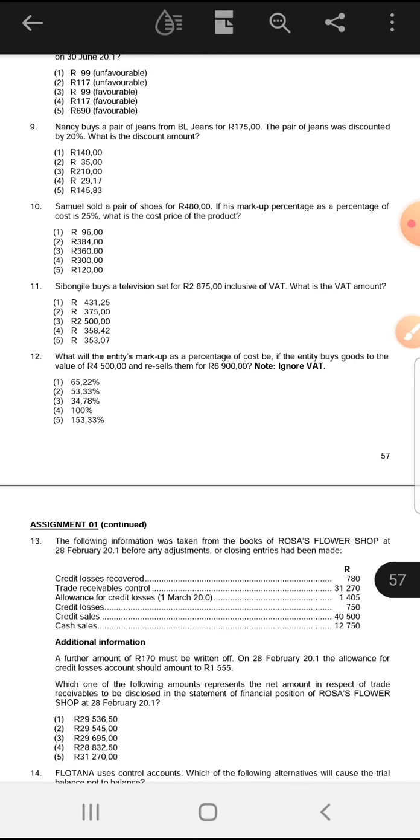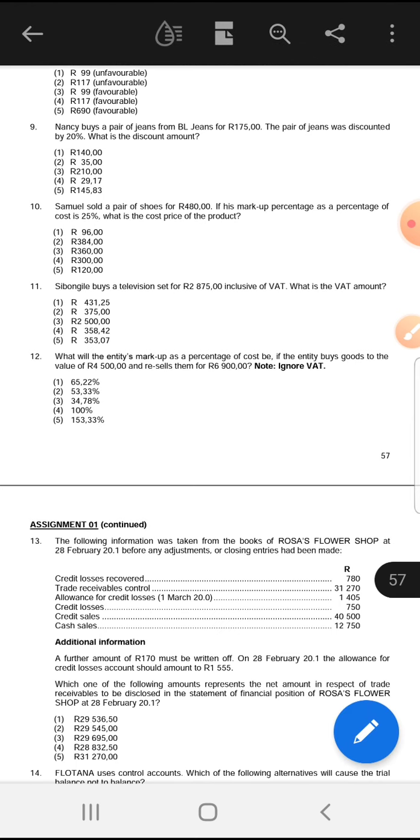And then for number 10, okay, here they're trying to test the markup percentage on cost knowledge. So guys, remember, let me do some workings here. Markup is like, okay, how do we calculate our profit?